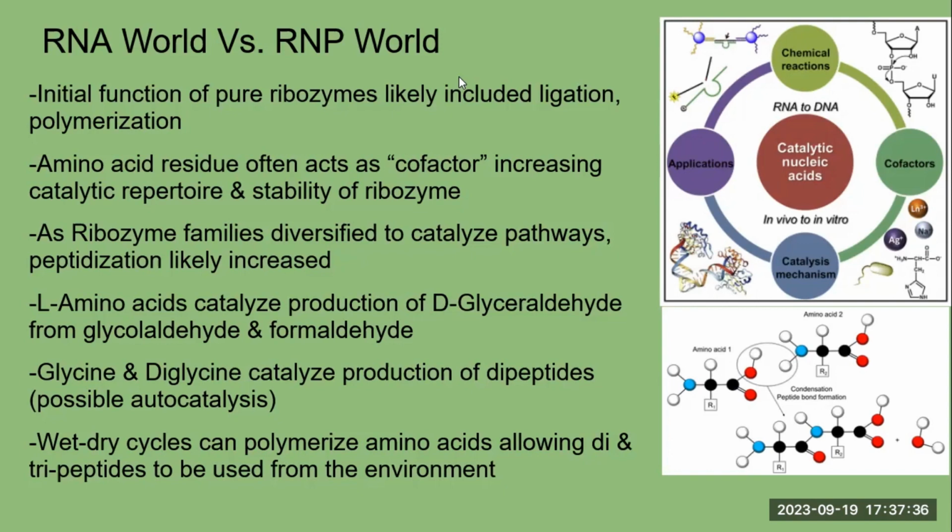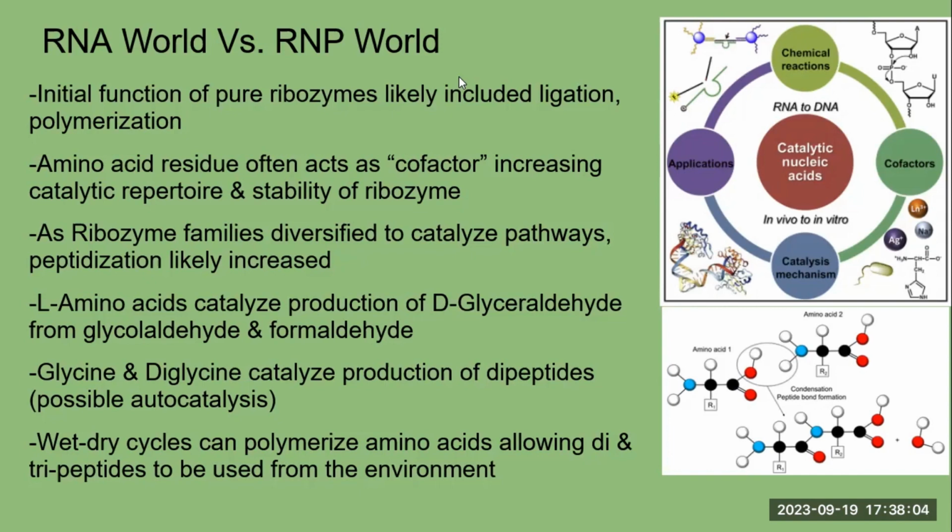Apart from acting as cofactors, amino acid monomers can act as catalysts themselves. For one, L-amino acids catalyze the production of D-glyceraldehyde, a precursor to sugars, from glycoaldehyde and formaldehyde. Modern organisms use the L-isomer of amino acids and the D-isomer of carbohydrates, and that can partially explain why this stereochemistry is used.